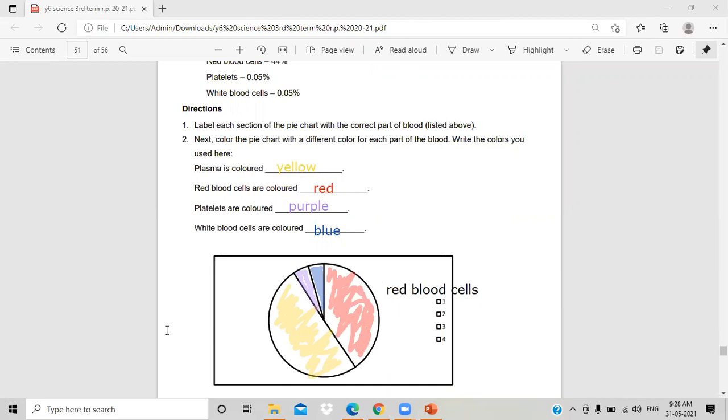And this would be the plasma. And this would be the white blood cells. I'm just going to write WBC, which means the white blood cells, and this is the platelets. Right? Okay.